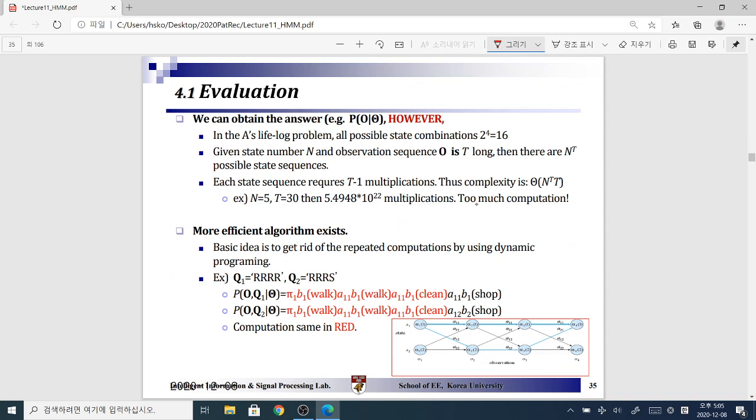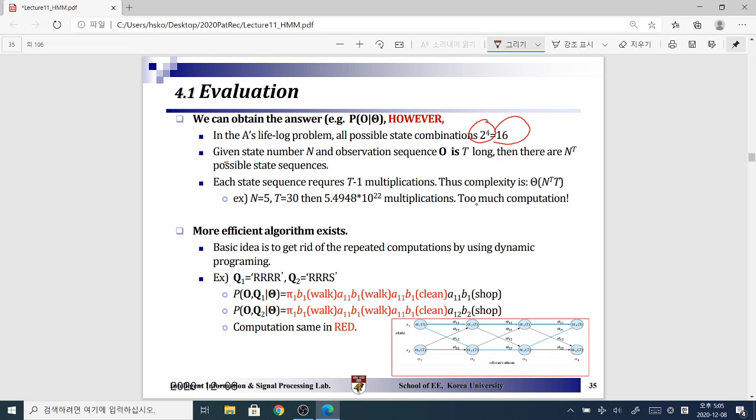This seems to be okay, but it's a little bit tedious. Even with two states and four time points, that gives you about 16 different combinations of states.